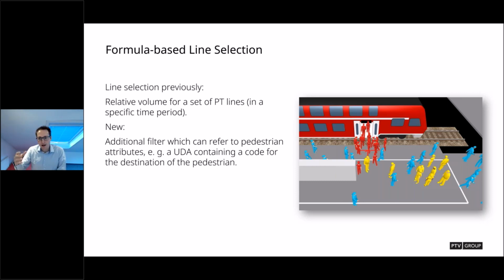For example, if they have a UDA of destination. This is now possible: you can model specifically that these pedestrians come from that area and want to go exactly to this PT line.